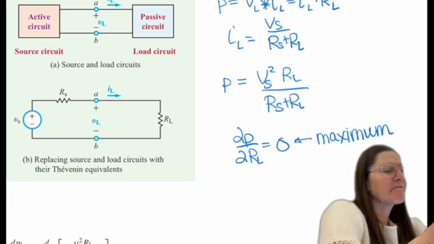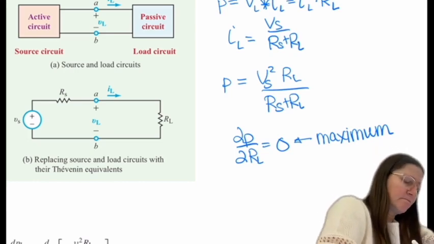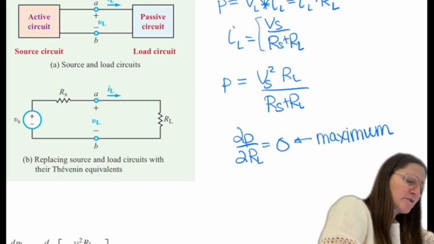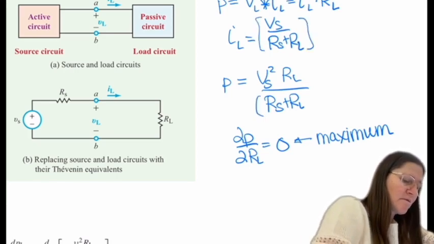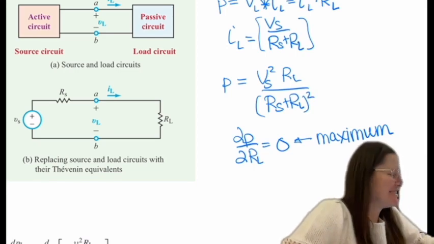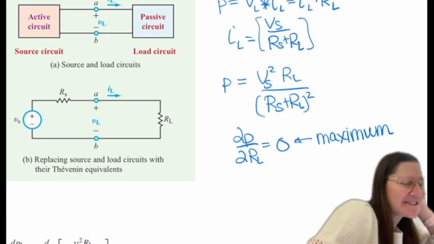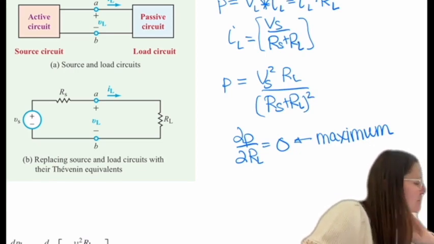So are we substituting our equation for I_L into that power equation? Yeah. Should the bottom be squared? Yes, that portion is squared too. Thank you, sorry. So yes, you have the R_S plus R_L squared.